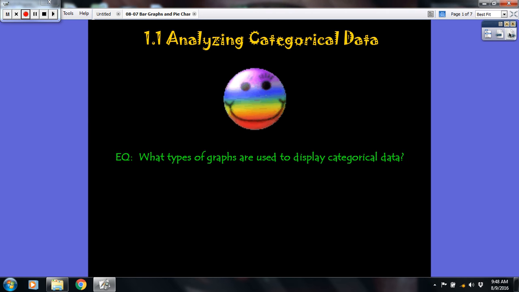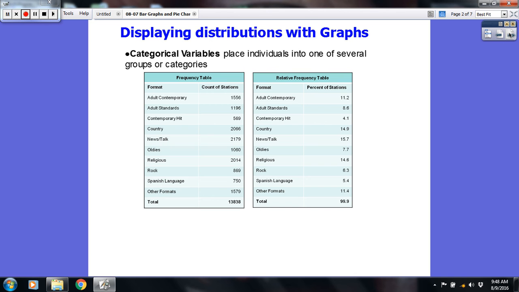So for starters, remember that categorical variables is when we can place individuals into one of several different groups or categories. Typically it's not a numerical value. So what we can produce for these situations are called frequency tables, and this is just a way to arrange in a table the counts of individuals that fall into different categories.